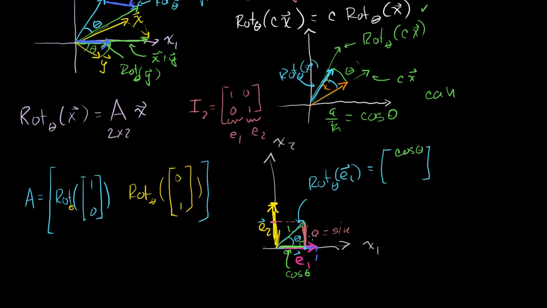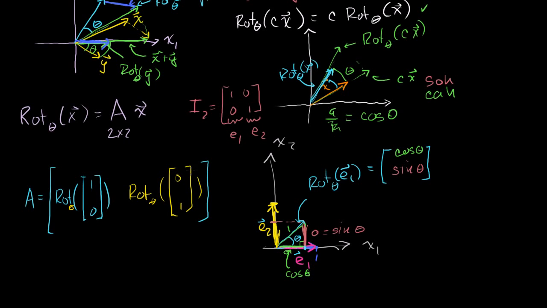This over 1, which is just this, is equal to sine of theta from SOHCAHTOA. So this vertical component is equal to sine of theta. So the new rotated basis vector can be written as cosine of theta for its x component, or its horizontal component, and sine of theta for its vertical component. This is the new rotated basis vector.